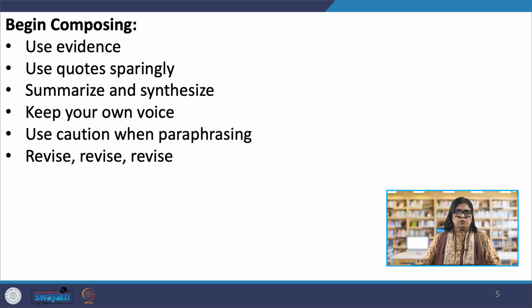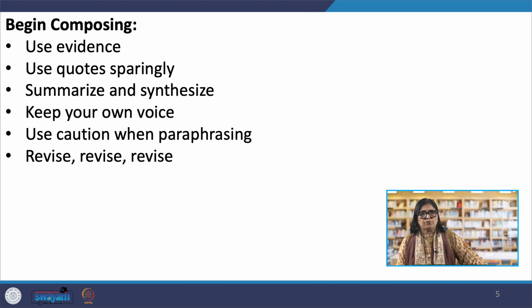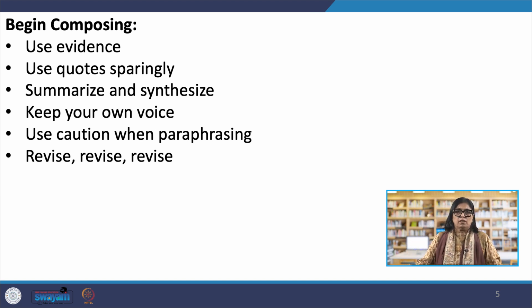Some short quotes here and there are okay, though, if you want to emphasize a point or if what the author said just cannot be rewritten in your own words.